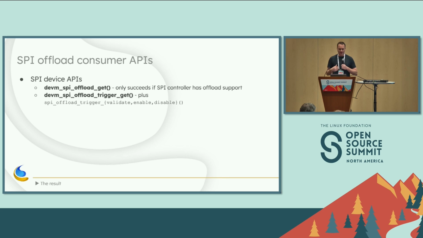And then we also need to get our trigger if there's going to be a hardware trigger involved. Right now we just have support for periodic triggers, so that could be a clock, PWM, something like that. And then we also have the data ready trigger that was the one we saw on the ADC that says there's data ready to read.